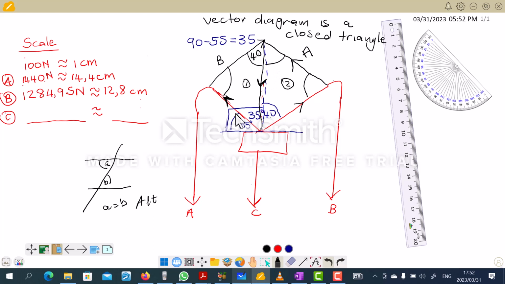Similarly, if you look at vector A and vector A, and there's a line between them like this, this 35 will be alternate to that angle. So this will be your alternate angle, which means this will also be 35 degrees.